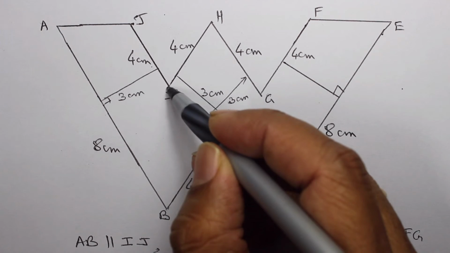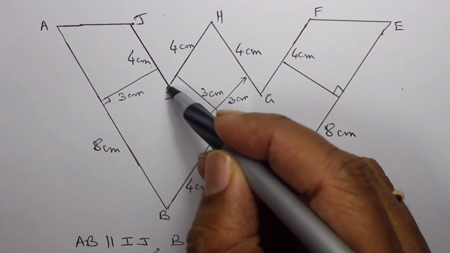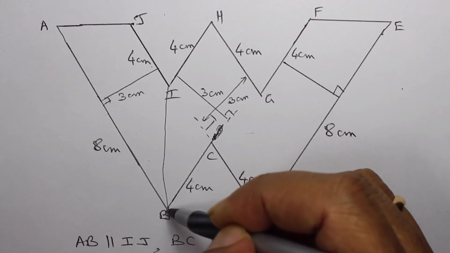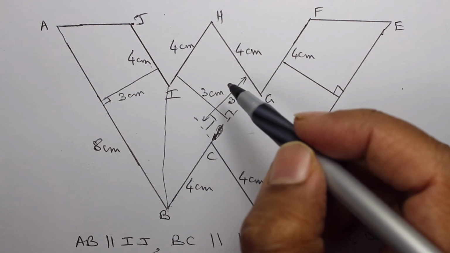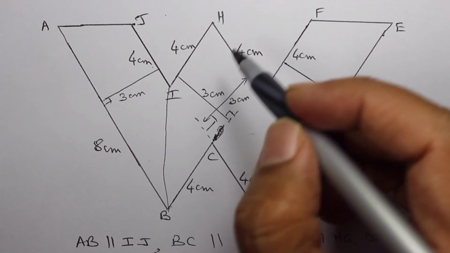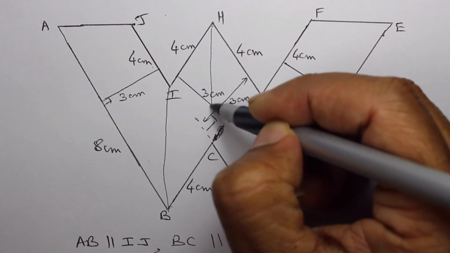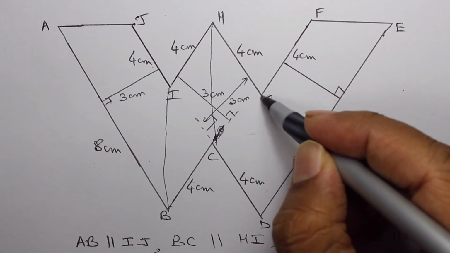So what we will do is, to find the area, we need to break it down into quadrilaterals. So we will join this, and we will join here.